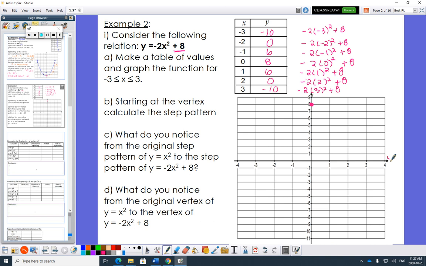But if you need to emphasize for yourself that this is x and this is y, if you want to make those lines darker, you can, but it's not as bad as 5.1 was. Do a better job than me on your paper.